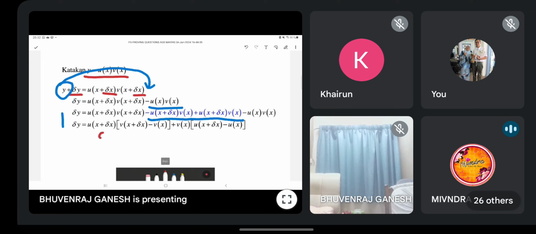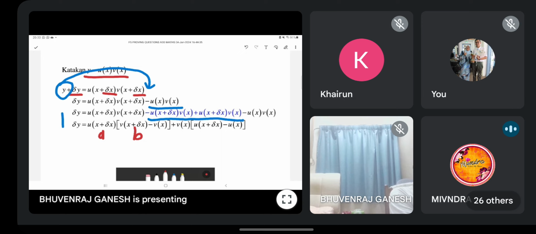Lepas tu vx a sama dengan ux tambah delta x. Lepas tu b sama dengan vx tambah delta x. Okay, lepas tu kalau kita tengok yang third line, AB minus AVX tambah BVX minus UXVX.